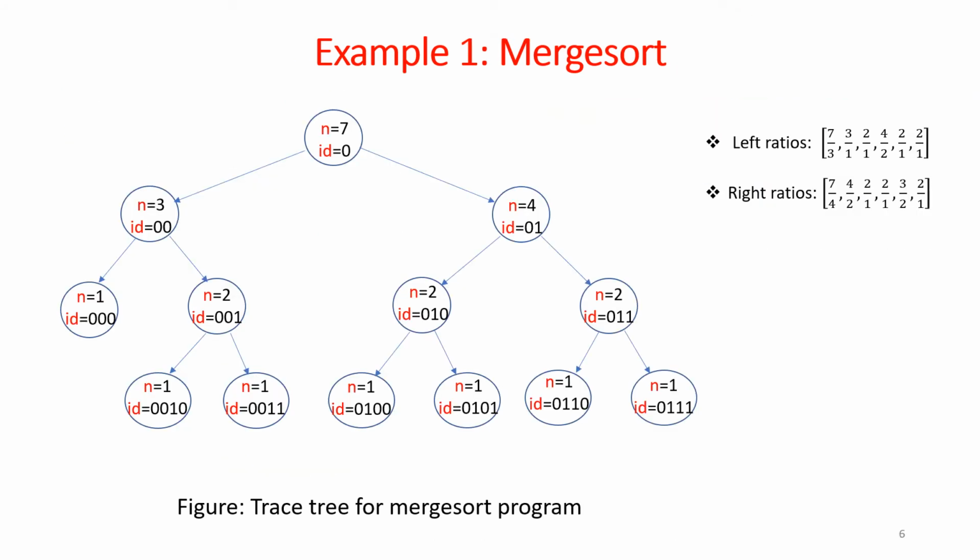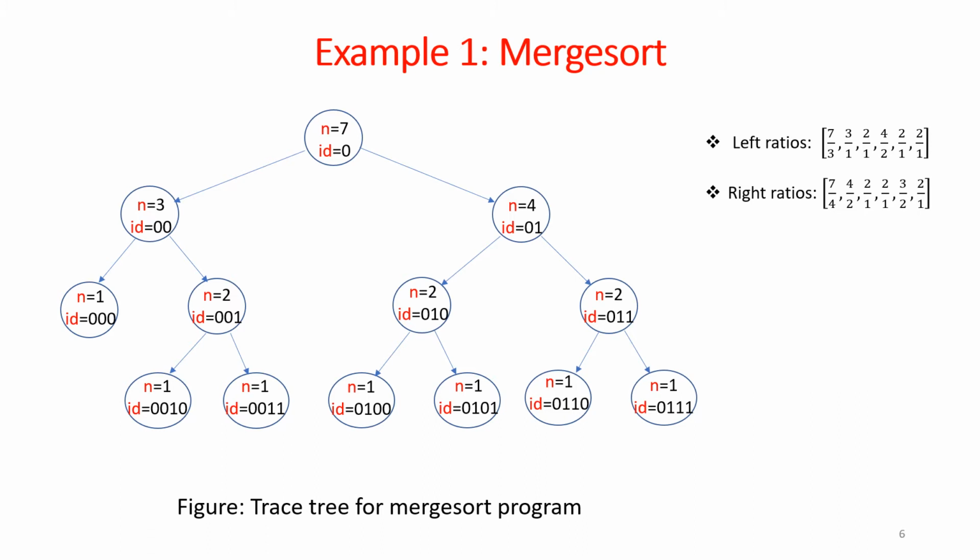The tree on the left shows the execution traces collected by running merge sort on a list of 7 elements. N represents the size of input at the current node, and ID represents the unique ID in the tree. Depth represents the depth of iteration.